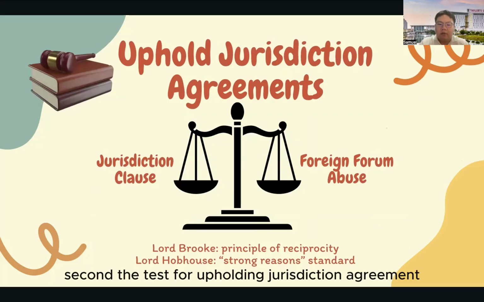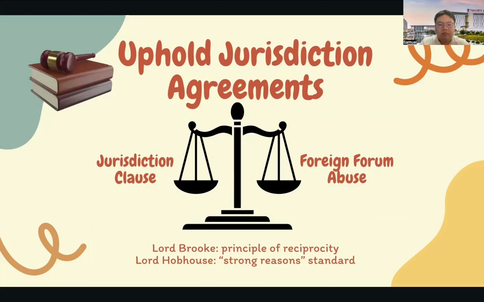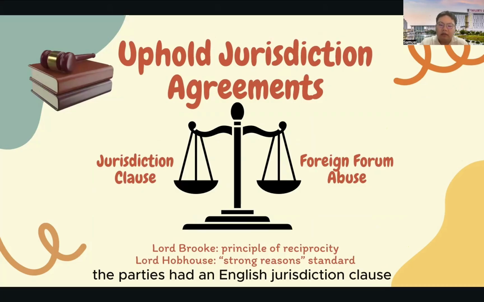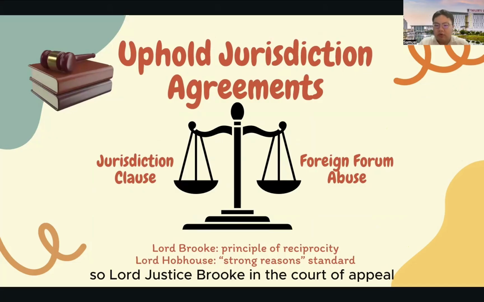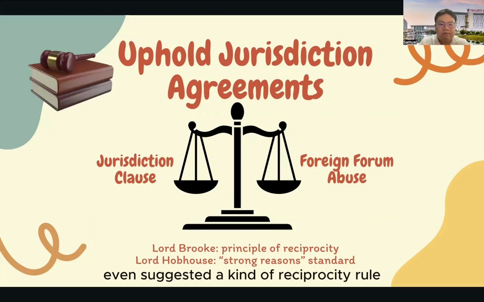Second, the test for upholding jurisdiction agreements. In the case of Donohue and Armco, the parties had an English jurisdiction clause, but one party sued in the US. The court said that breaching the agreement justified an ASI. Lord Justice Brooke in the Court of Appeal even suggested a kind of reciprocity rule.